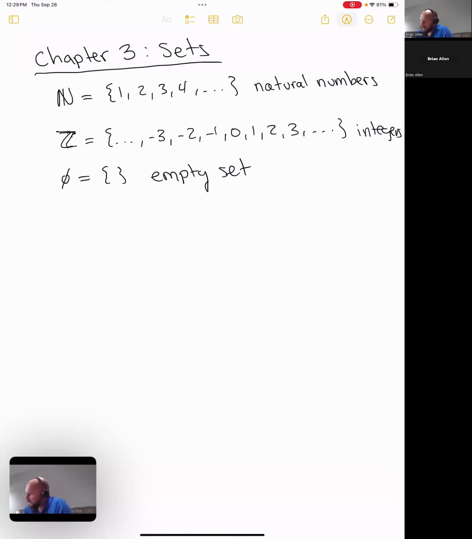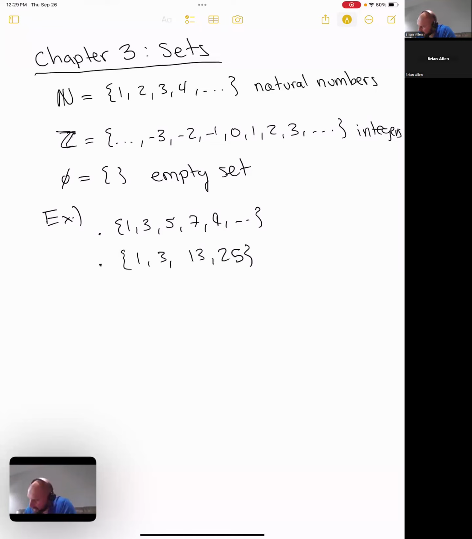Sets in general are just any collection of objects, and we'll always use these curly brackets to denote a collection of objects. So some examples could be the collection of odd natural numbers. That's a set. It could just be a finite set like this.